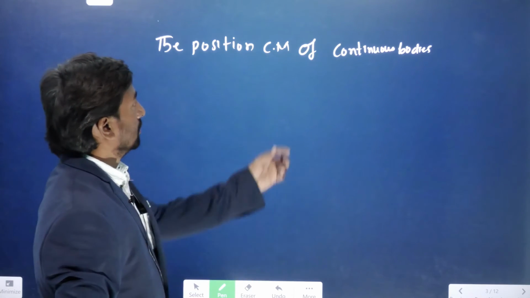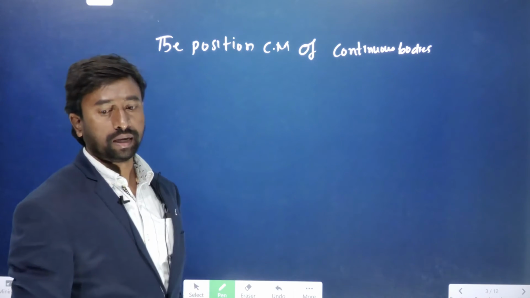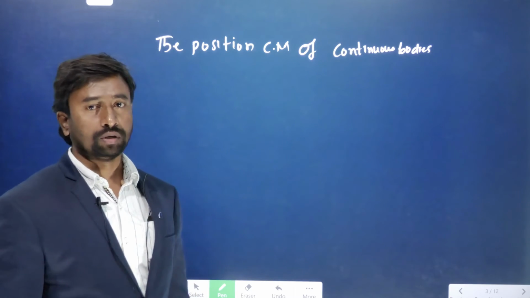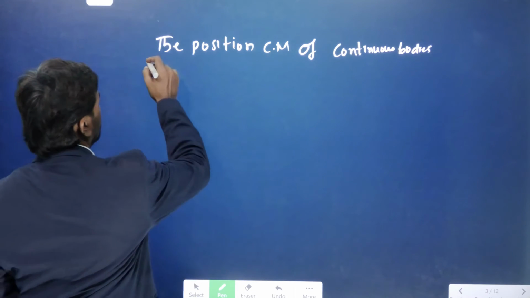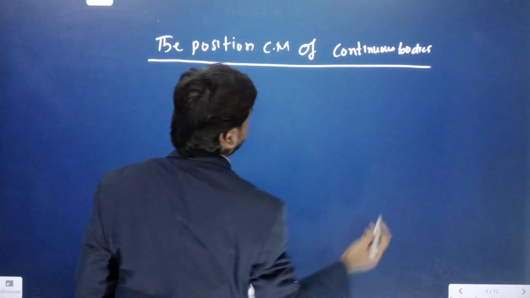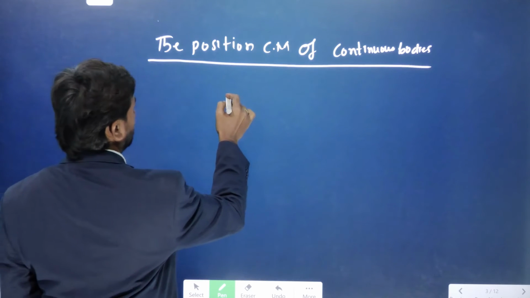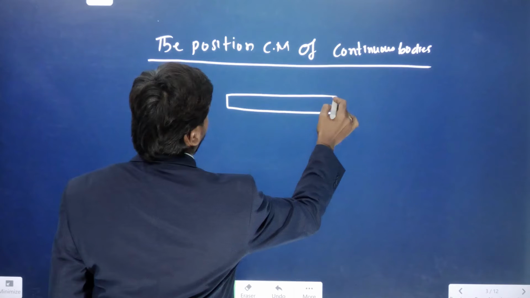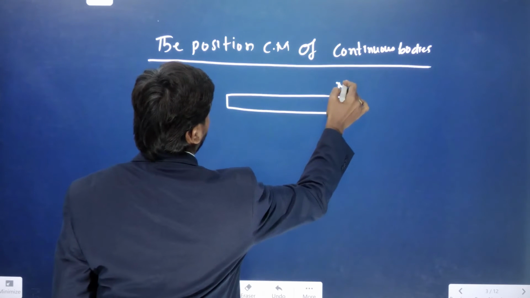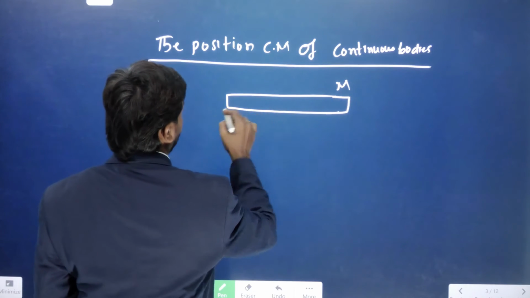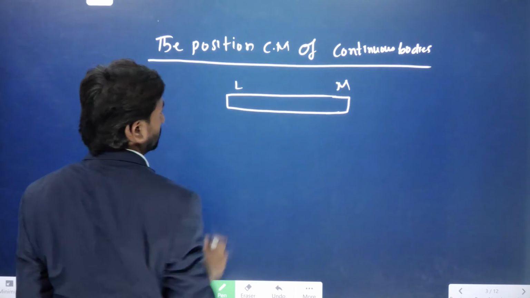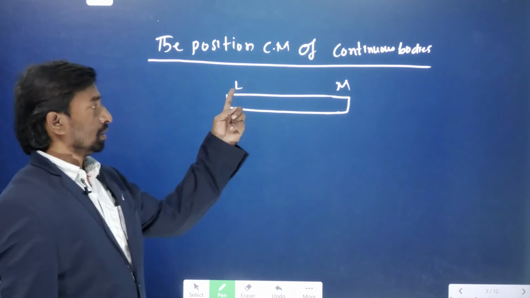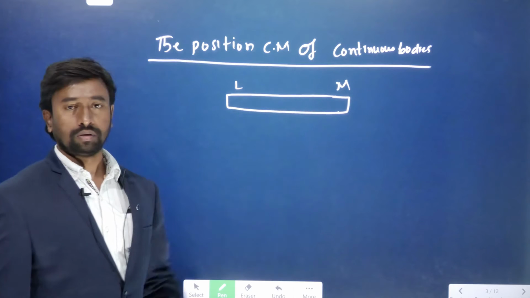Here we will take a body of uniform mass, like a uniform rod. Suppose a uniform rod has mass m and length L. So the length of this uniform rod is L and the mass of this rod is m.